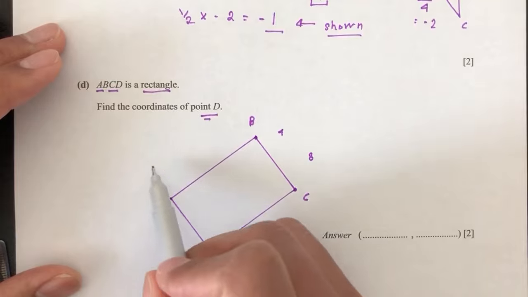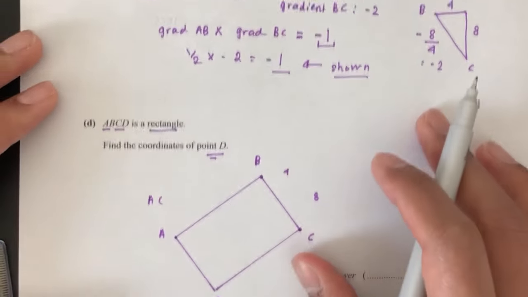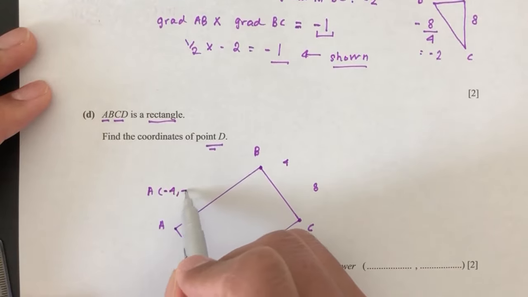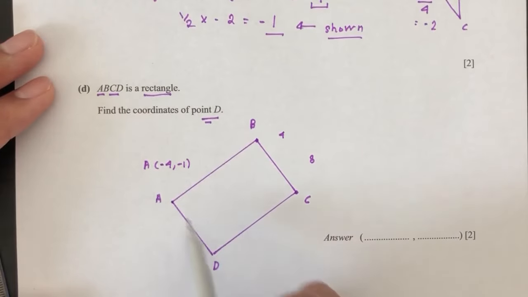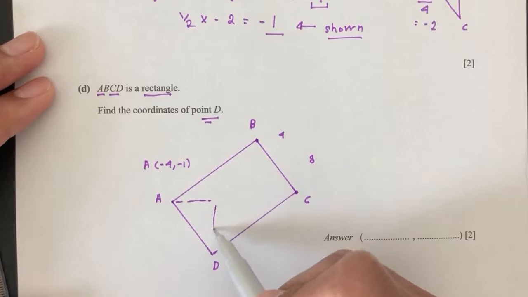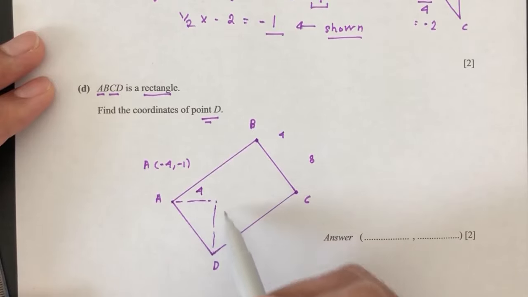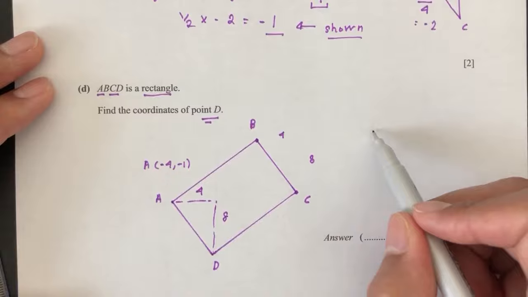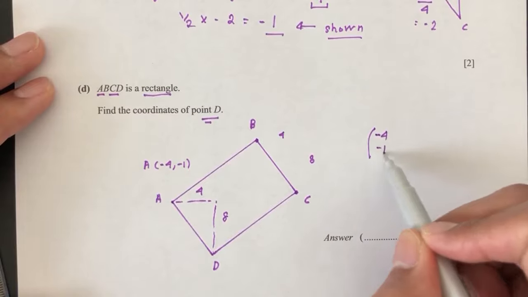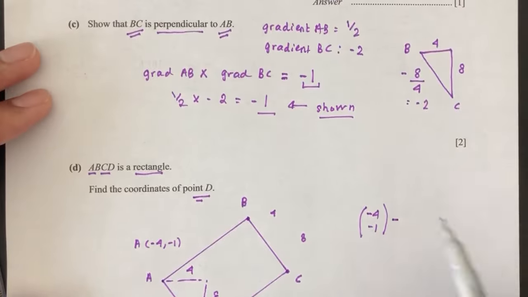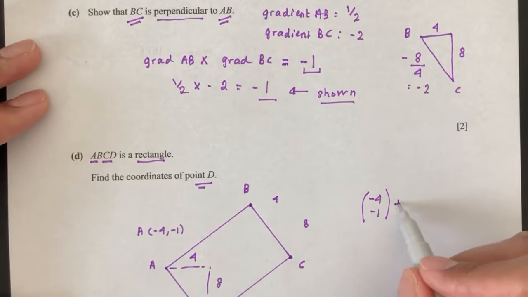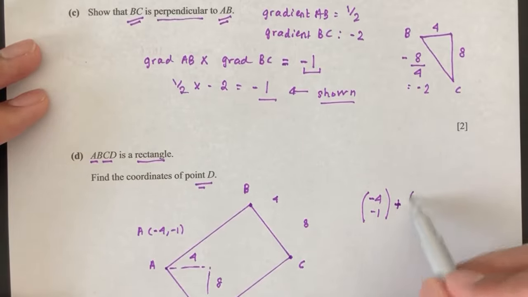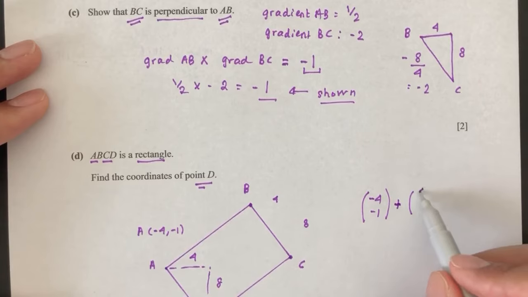So we know the point A. Point A is given to us as (-4, -1). So for A to come to D, we have to move the same way that we move here. We have to move 4 and -8. So from point A, we have to move the same distance, which is 4 and 8.